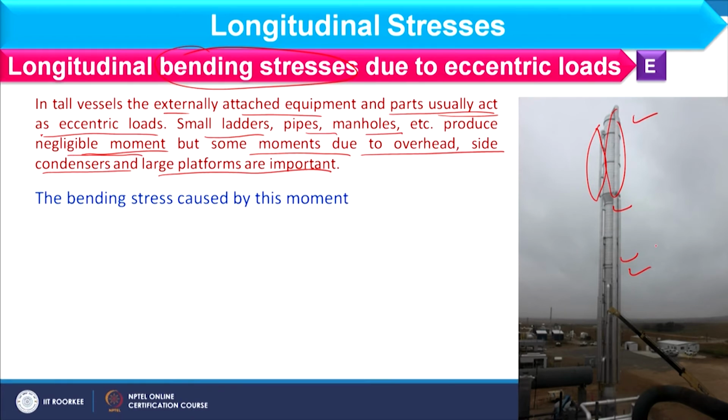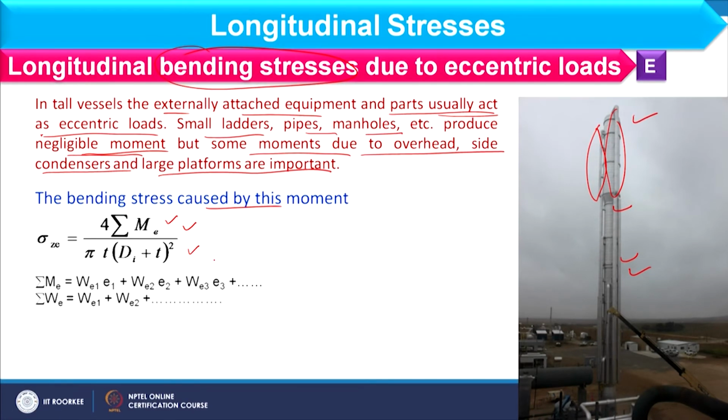Okay. So, the bending stress caused by this moment is sigma_ze = 4ΣMe / (π t (di + t)), where ΣMe is basically the weight of equipment times the distance from the center to the equipment, right, and similarly we can consider for other equipment also.